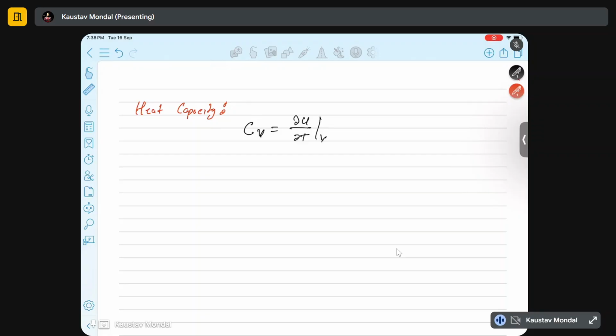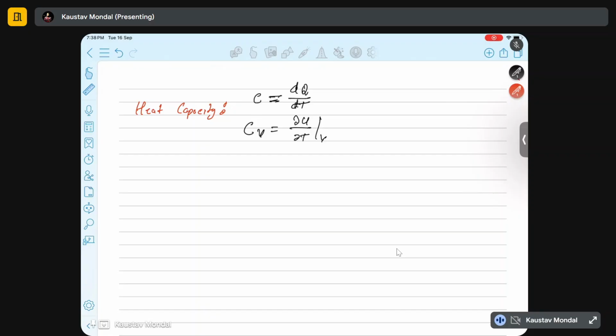The original expression of heat capacity looks like this: dq dT. If dq is the amount of heat required to raise the temperature of a substance by an amount dT, then the specific heat definition is simply dq by dT, right?